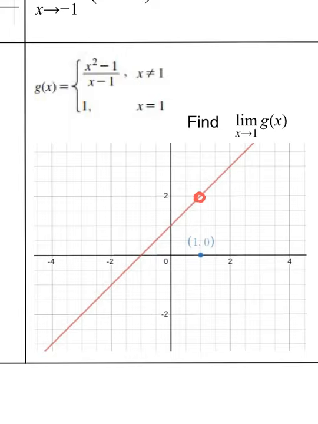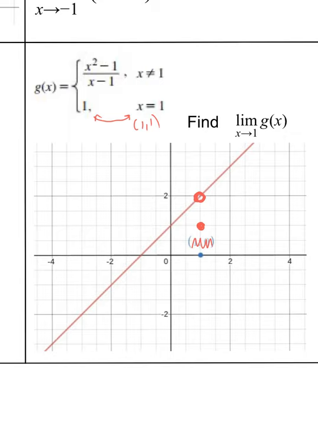But we could draw this picture with a very sizable hole there, just so people can see it. And then this piecewise function is filling in the hole, not at 1, 0, but at 1, 1, which is where this dot is supposed to be. So this is a graph of the piecewise function.